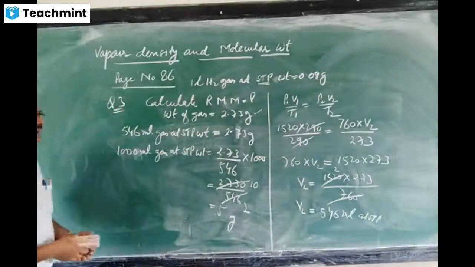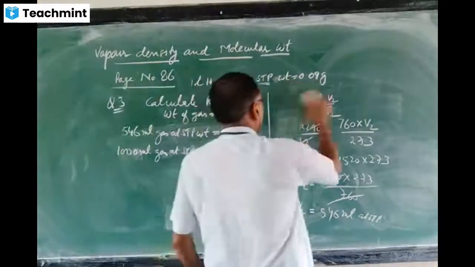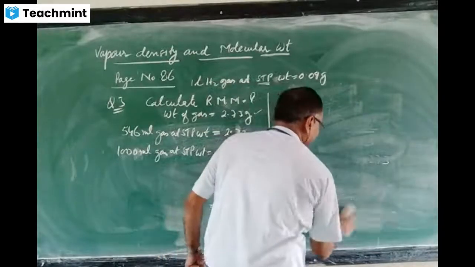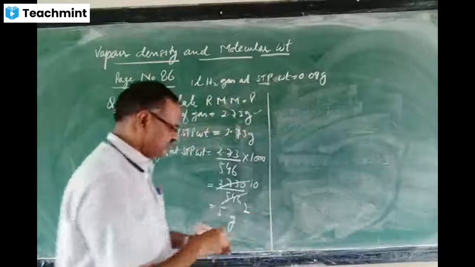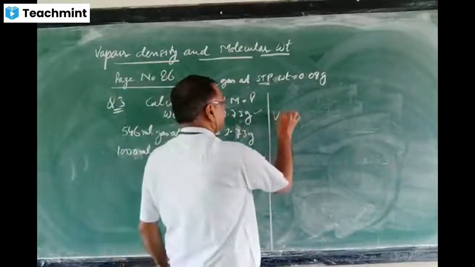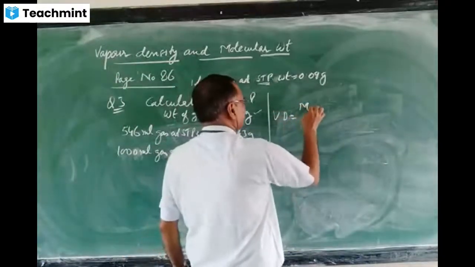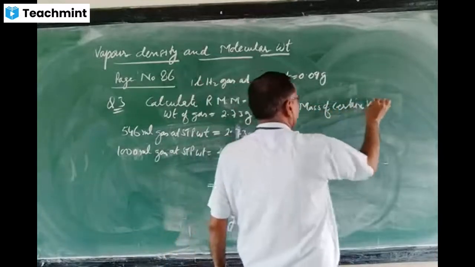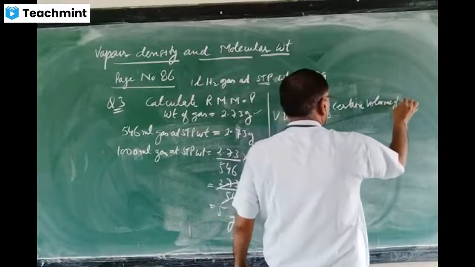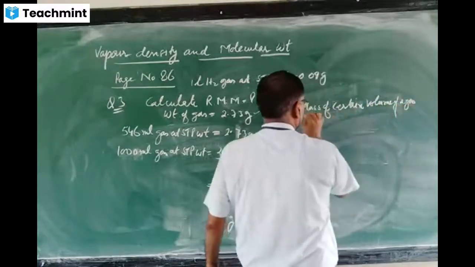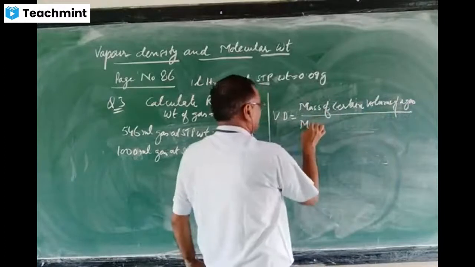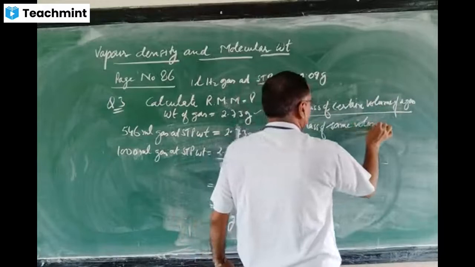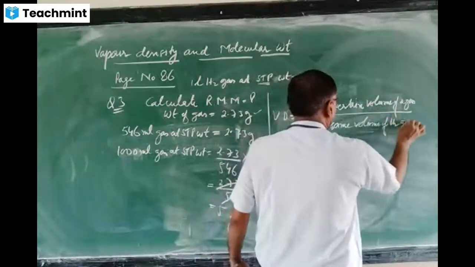Now you can apply the vapor density formula: vapor density is the ratio of the mass of a certain volume of a gas to the mass of the same volume of hydrogen gas.